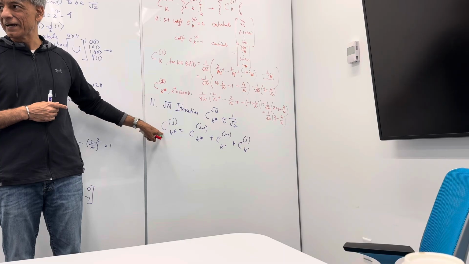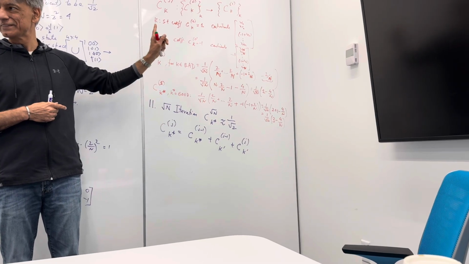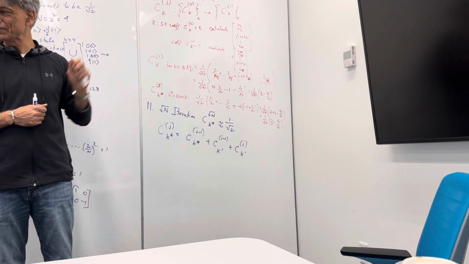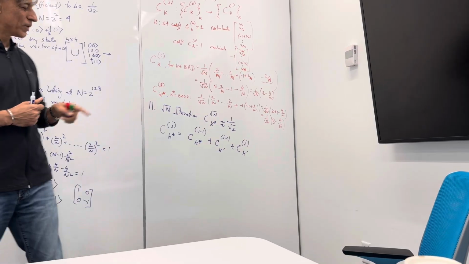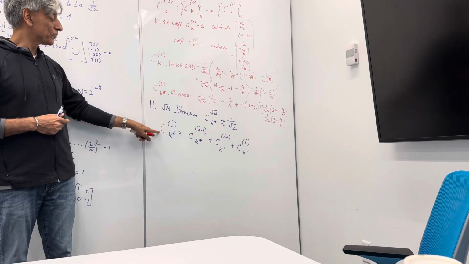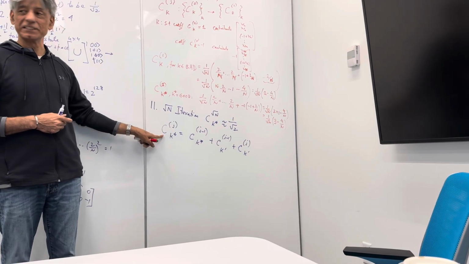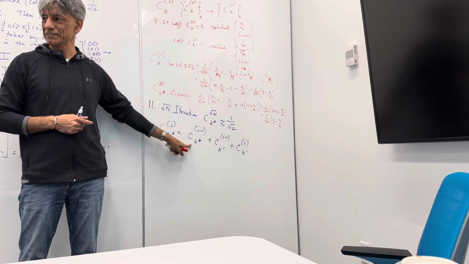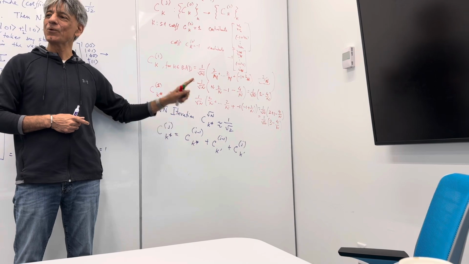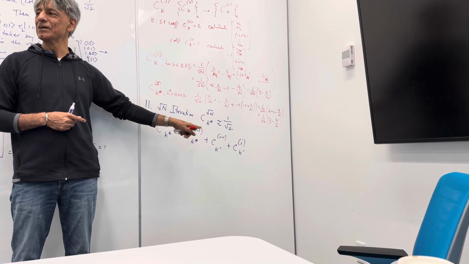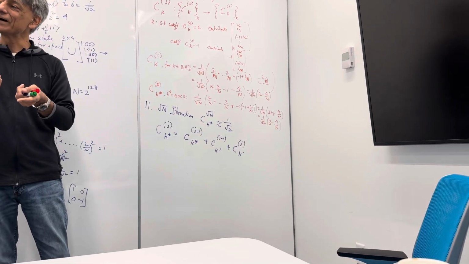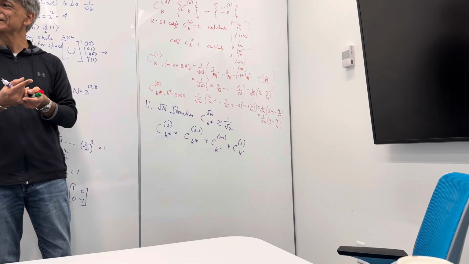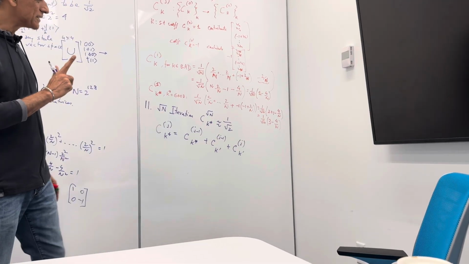We can first check it for the initial case. What it is saying is that the new coefficient of the k star guy is the old coefficient of the k star guy, plus the old coefficient of the other guys, plus the new coefficient of the other guys. That's kind of interesting.